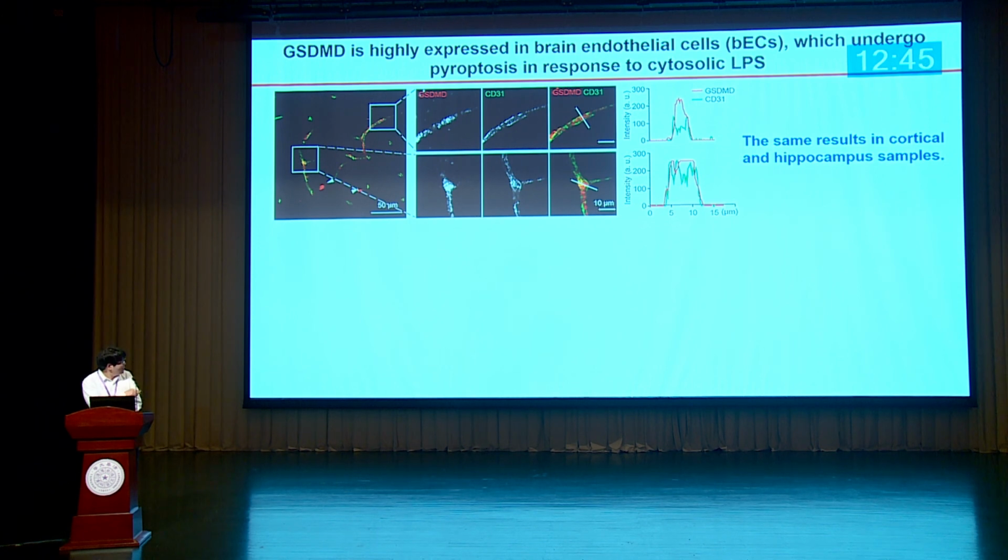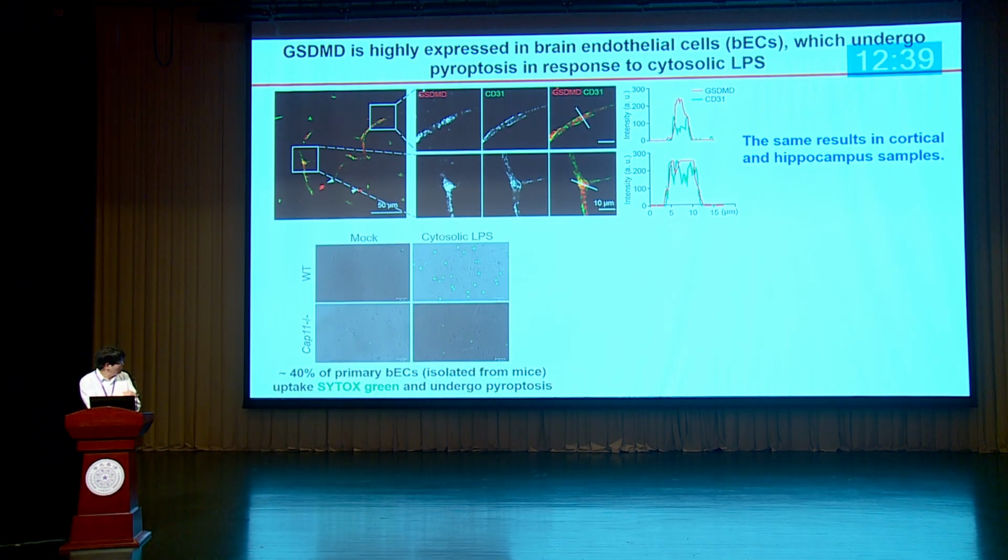If we isolate primary endothelial cells from the mice and give the cells cytosolic LPS stimulation, the cells will take up cytotox green from the extracellular space and undergo pyroptosis. About 40% of the cells will die of pyroptosis under in vitro conditions upon cytosolic LPS stimulation.